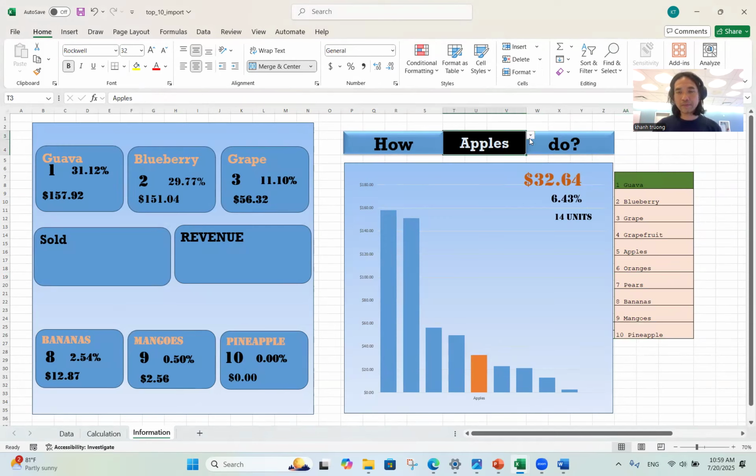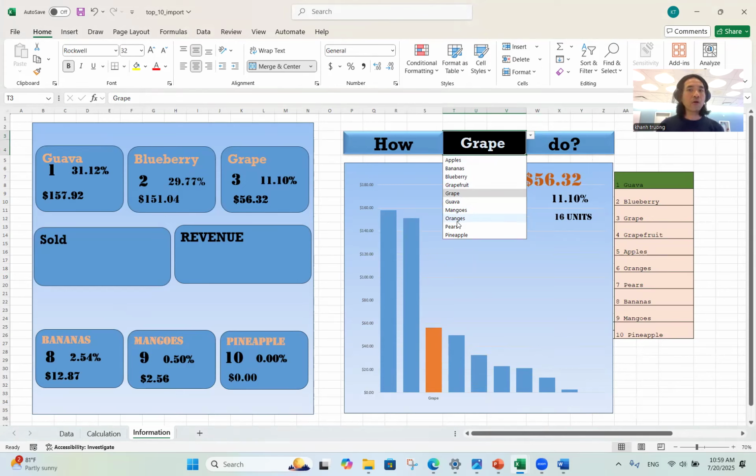They want to see how Grape is doing. Well, Grape is actually ranked number 3 in this list. They want to see exactly how each specific fruit is doing.